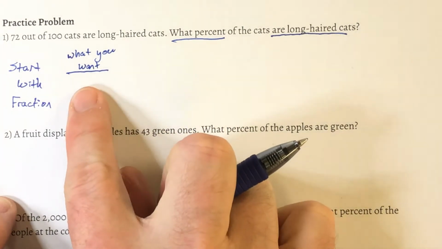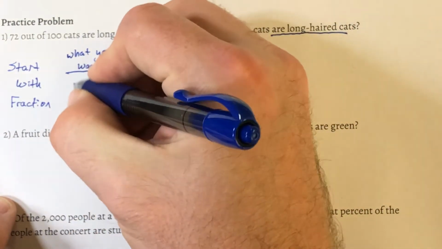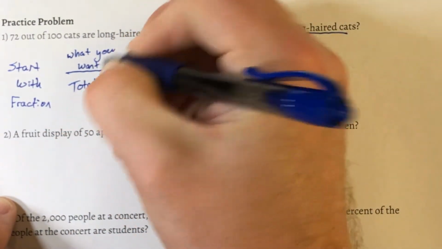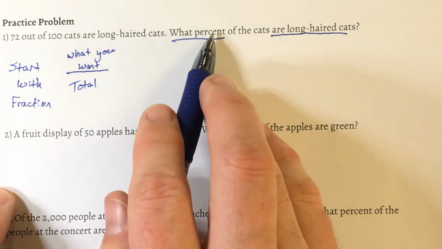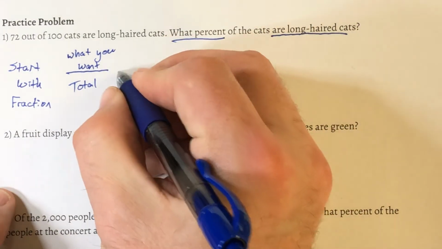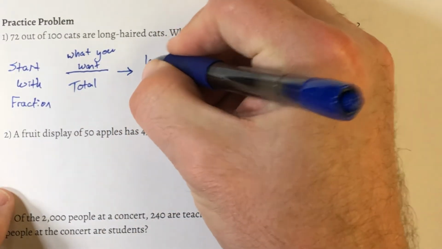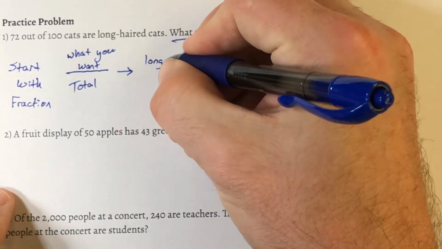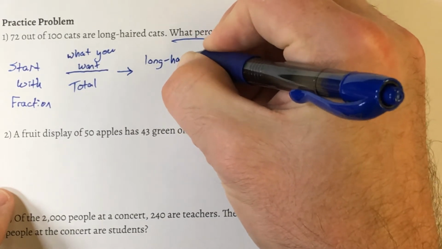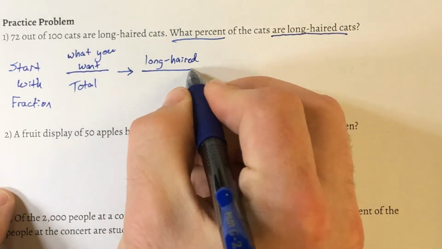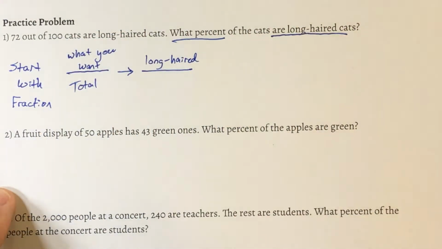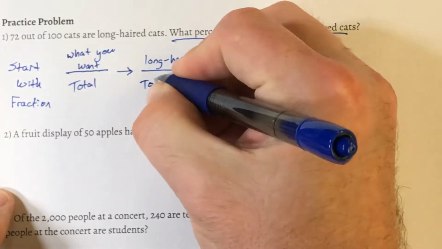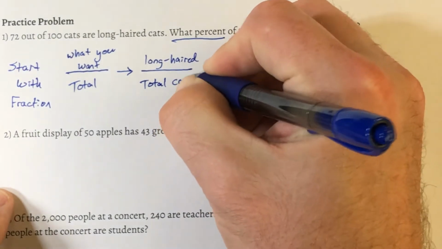The bottom number typically represents the total. So, what do I want? I want to know what percent are long-haired. It's all about long-haired cats. So, our numerator will represent long-haired cats. Our denominator, total. Total what? This problem is about cats. So, this is going to be total cats.